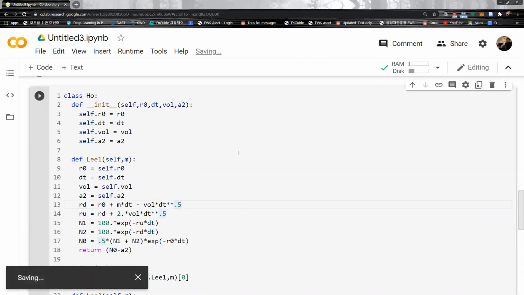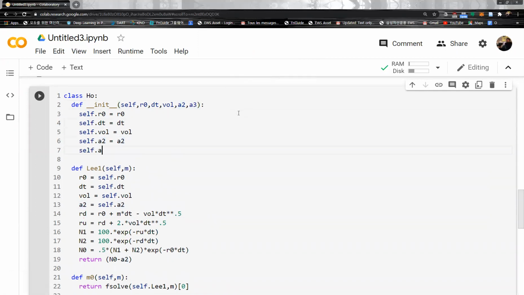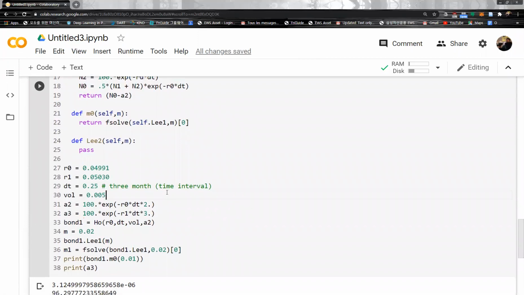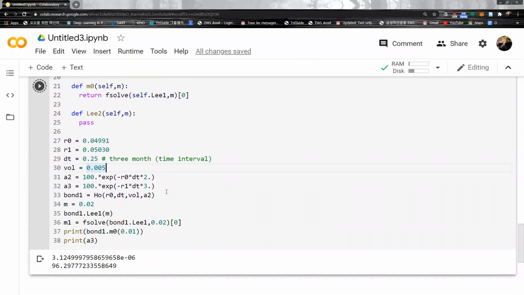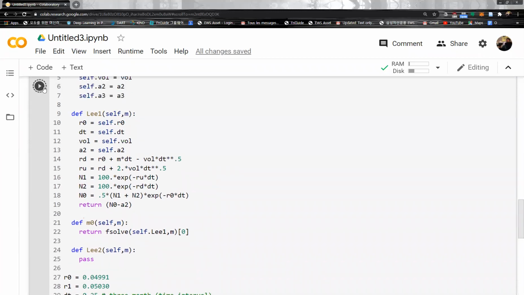And then we already have save, and then here we put another bond A3, and then self A3 equals A3. Let's run just to check. It takes time.